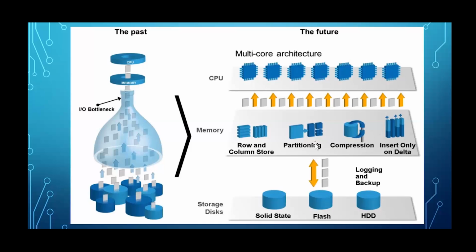Because of that, more data can be stored and processed in a short span of time. All these innovative features made HANA successful in the market compared to the traditional past scenario. Any doubt so far? All clear?